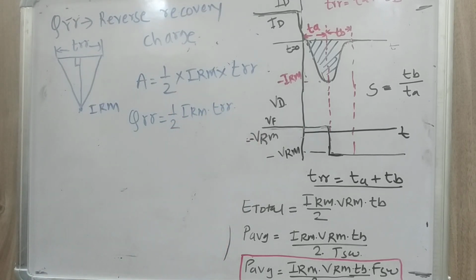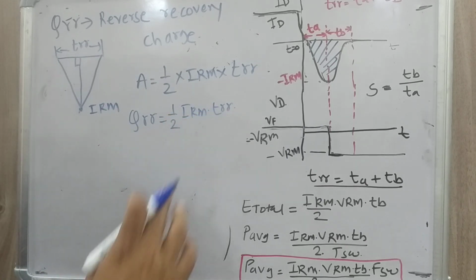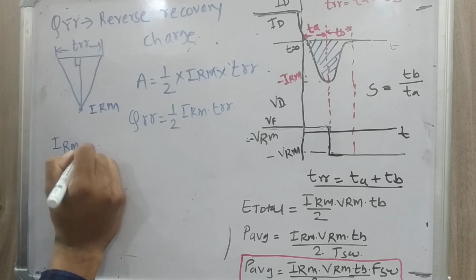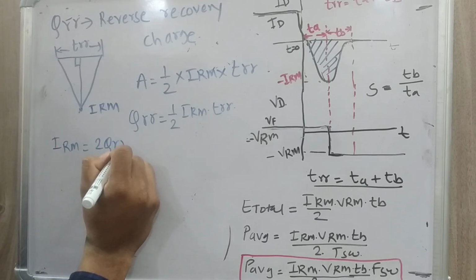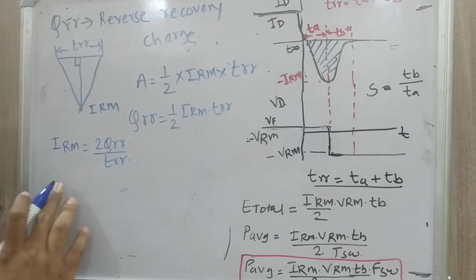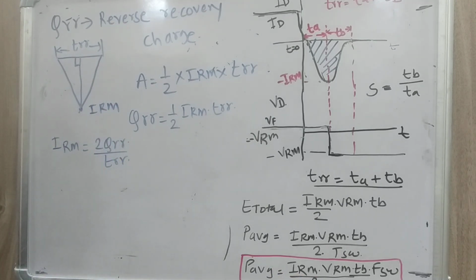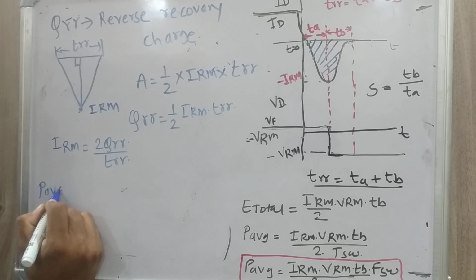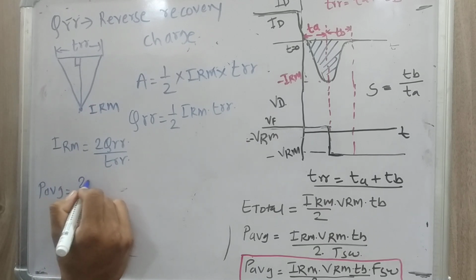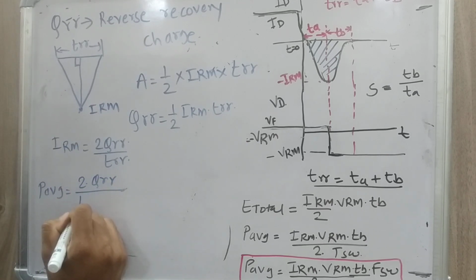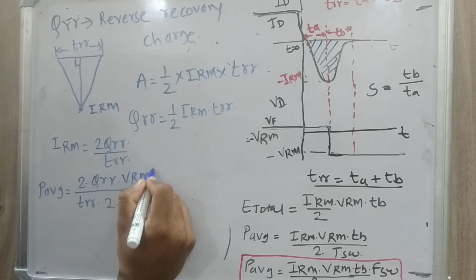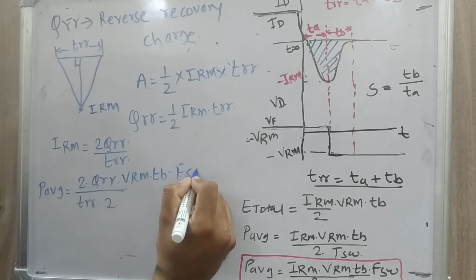Now in many datasheets QRR is given, TRR is given. We can calculate IRM from this. So it is basically 2 into QRR upon TRR, right? We can substitute this in the first equation that we derived. So P average becomes, I substitute for IRM, 2 into QRR upon TRR, into 2 into VRM into TV into FSW.